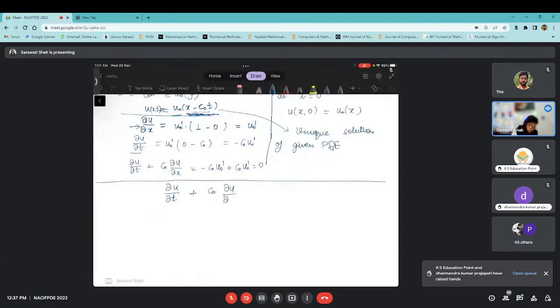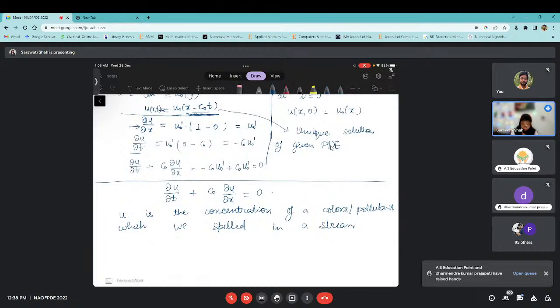So suppose u is the concentration of a color or pollutant which we spilled in a stream with a constant speed c naught, then the evolution of u is given by this partial differential equation, a very simple first order partial differential equation.